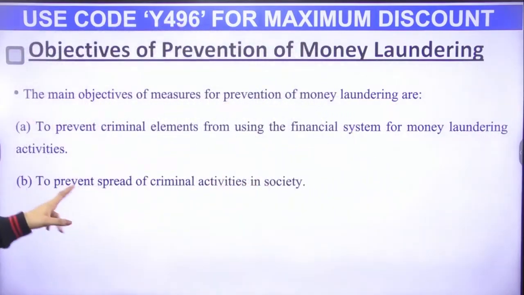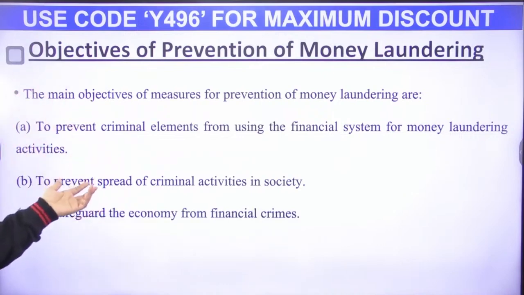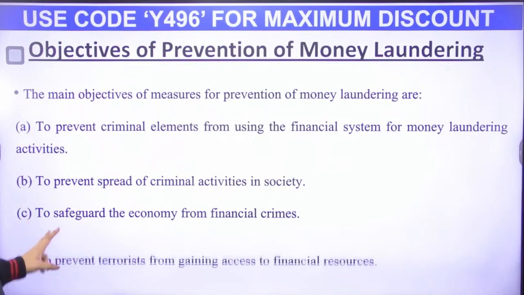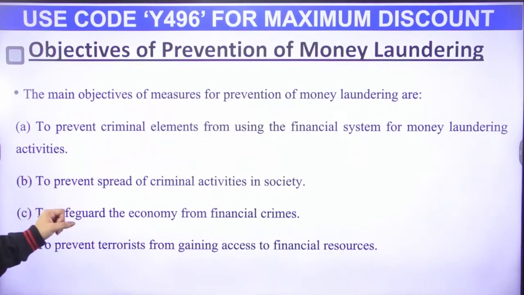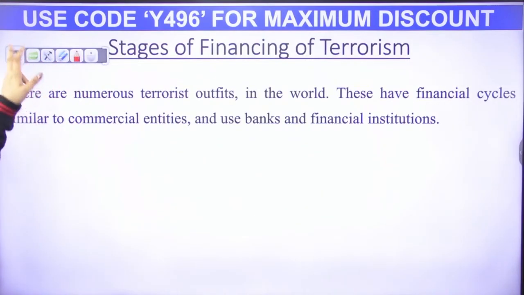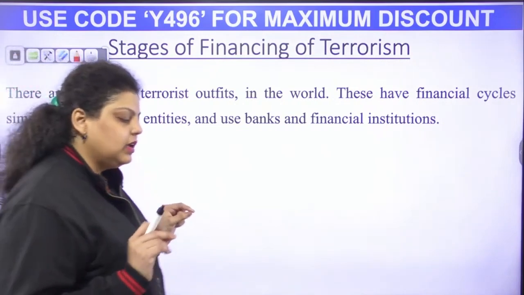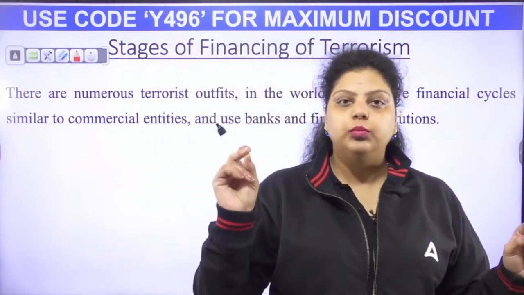More people will be involved, because they will have the confidence that this person has done it and has not been caught. So it's easy, we can also do that. Third, to safeguard the economy from financial crimes and cyber crime, we want to save the economy and we want to save our customers as well. Fourth, to prevent terrorists from gaining access to financial resources. We do not want terrorists to get access to our financial system. So the main and big objective is that we do not want the financial system to be involved in any kind of criminal activities.